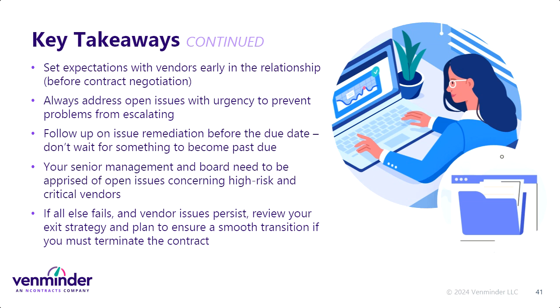Don't wait for something to become past due. Your senior management and board need to be kept aware of open issues, especially concerning high risk and critical vendors. And if all else fails, vendor issues persist, review your exit strategy and plan to ensure a smooth transition if you have to terminate the contract.